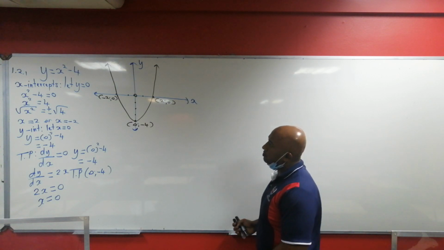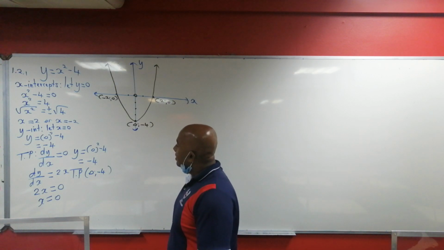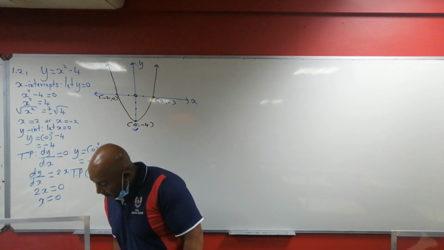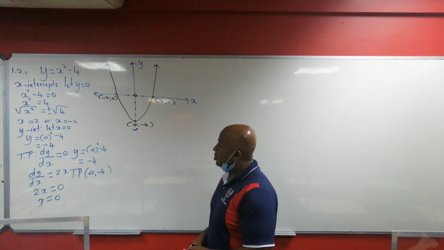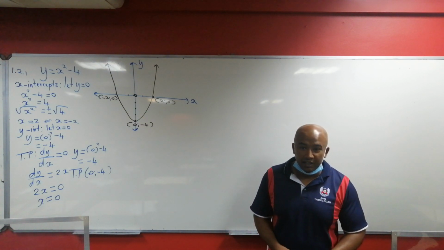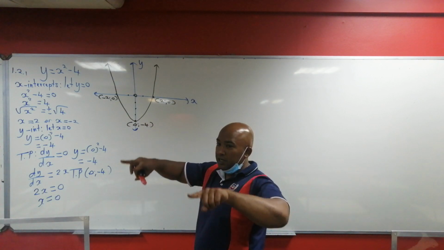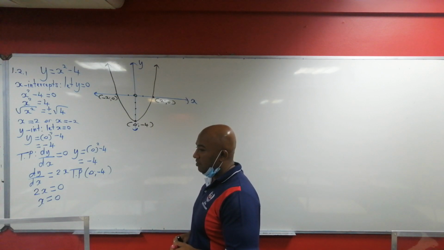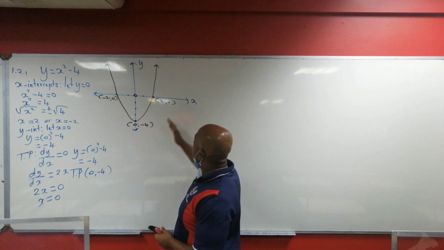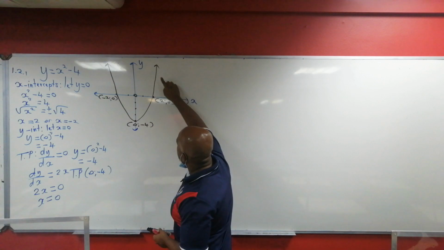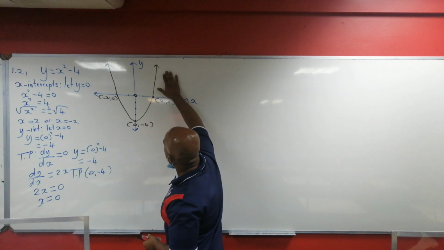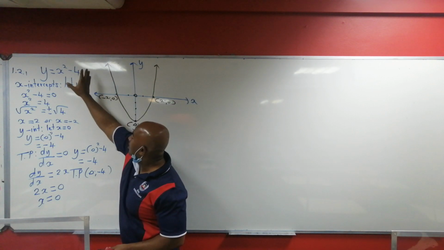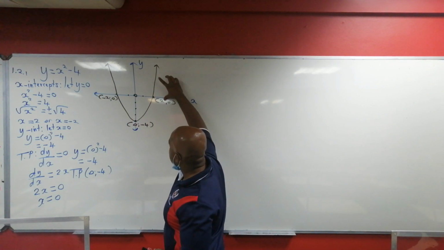Now, the question stated the area bounded by the curve and the x-axis. So, can you identify this area? Enclosed, it must be a closed space formed between the x-axis and the graph. If you look, let's start from this side here. There's the graph, there's the x-axis, but it's an open space here. Even here too, from -2 to the left, it's an open space between the x-axis and the graph.